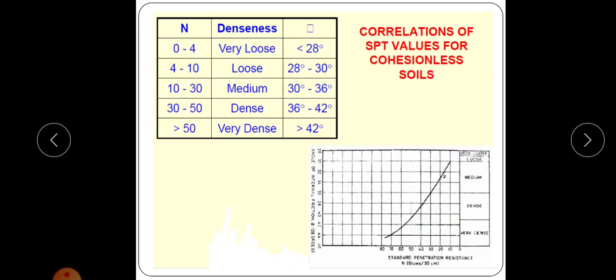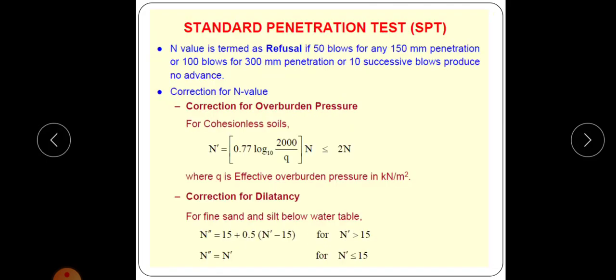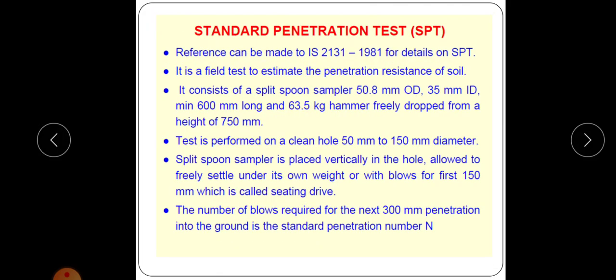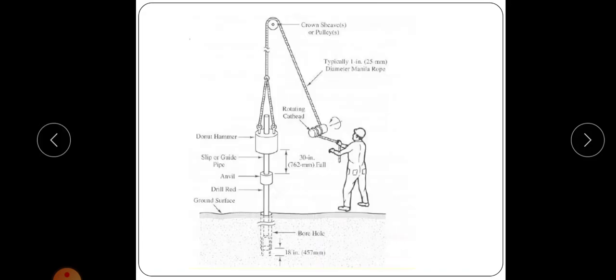So I'll repeat, the standard penetration number is equal to the number of blows required for 300 mm penetration beyond a seating drive of 150 mm.